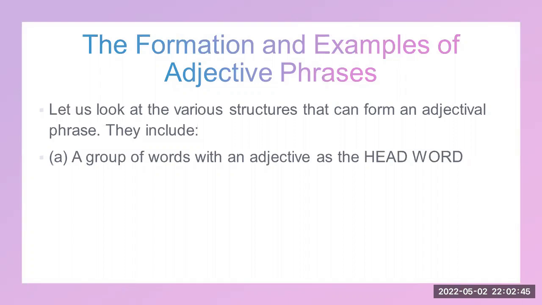Just as I earlier mentioned, when you say Junior is a good boy, you are using an adjective. Now, if you add the word very to good, you form an adjective phrase. The head word is good. Very is an adverb that modifies the adjective. But when you put the two together, you form an adjective phrase. Junior is a very good boy. Very good is a group of two words, and that makes it an adjective phrase.